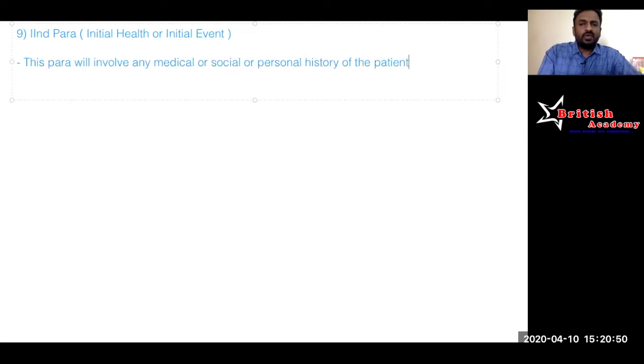So any event which is related to the current diagnosis. This para will involve any medical or social or personal history of the patient which is relevant to the current condition.